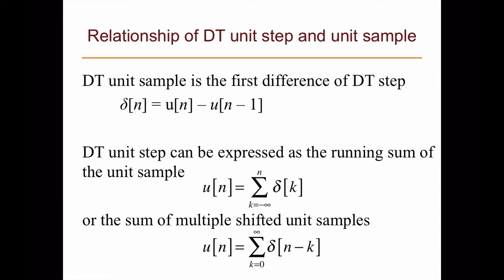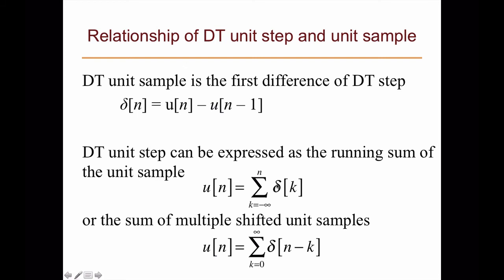You can also think of the discrete time unit step as the running sum of the unit sample, because we know that the unit sample has the value of 1 at n equals 0, when the independent variable of its function equals 0. Then it means that delta[k] will be 1 when k equals 0.